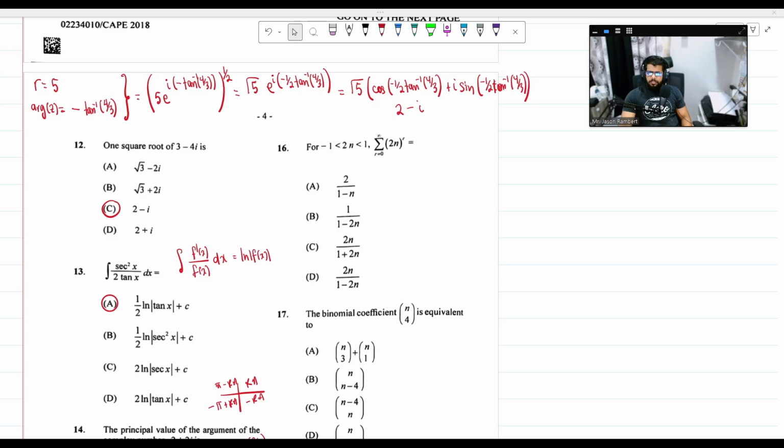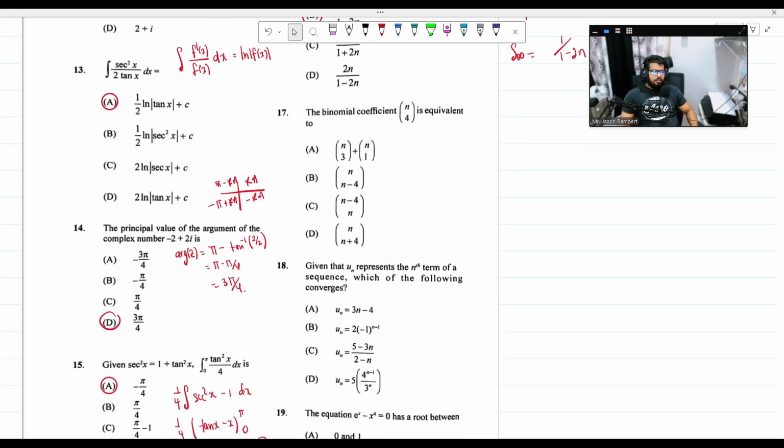When r is 0, I'm going to get 2n to the 0 plus 2n to the power of 1. So I'm going to get 1 plus 2n. R is going to be 2n divided by 1, which is that, and A is going to be 1. So S infinity is equal to A over 1 minus R, 1 over 1 minus 2n. The answer is B.